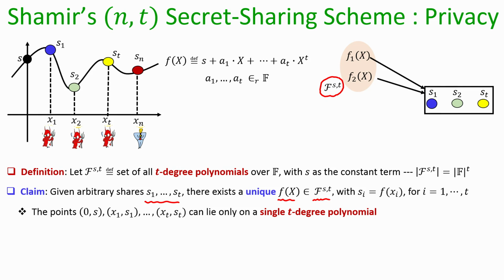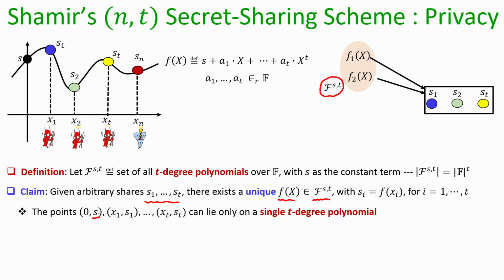Because if I have two such distinct polynomials f1(x) and f2(x), such that f1(x) evaluated at x equal to x1 to xt would have given me s1 to st, and for the other polynomial f2(x) as well, the f2(x) polynomial evaluated at x equal to x1 to x equal to xt would have given me the values s1 to st, then it implies that these two different polynomials f1(x) and f2(x) have the same values at t plus 1 distinct x values, because remember the constant terms of the f1(x) and f2(x) polynomials are nothing but the secret s.